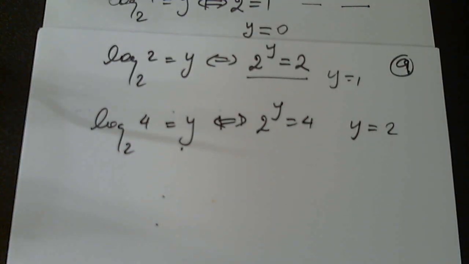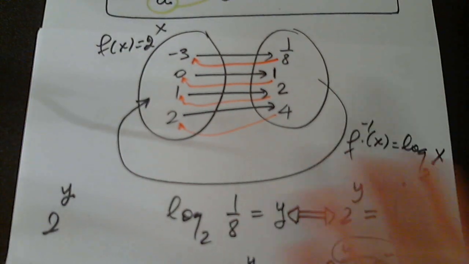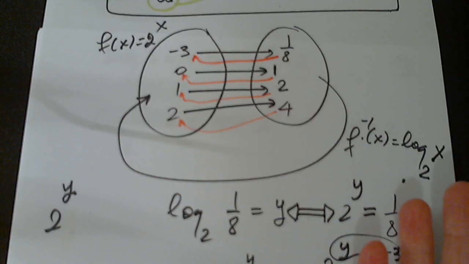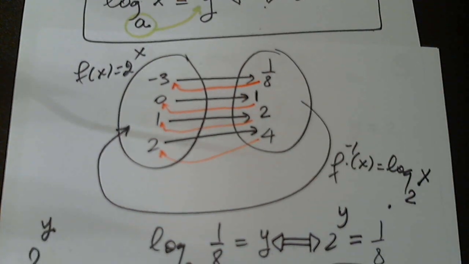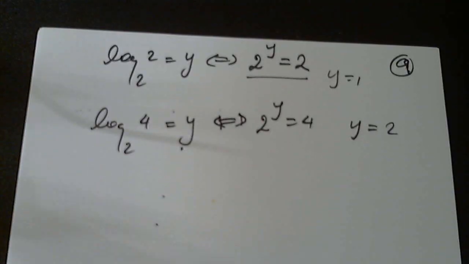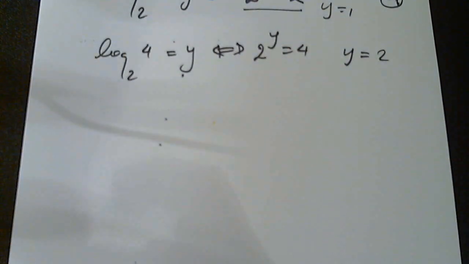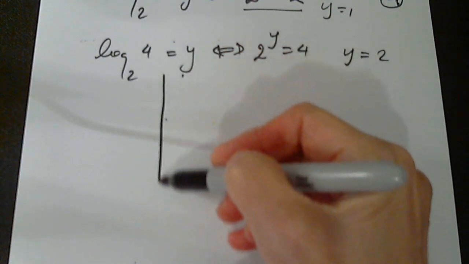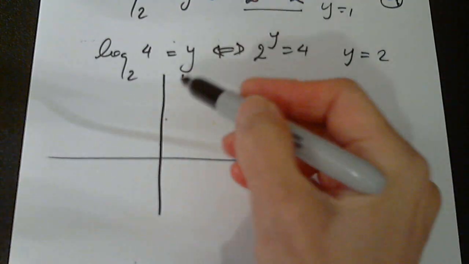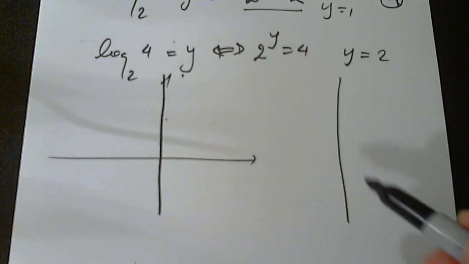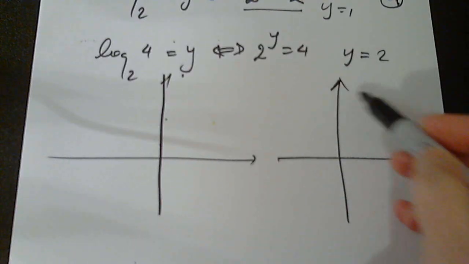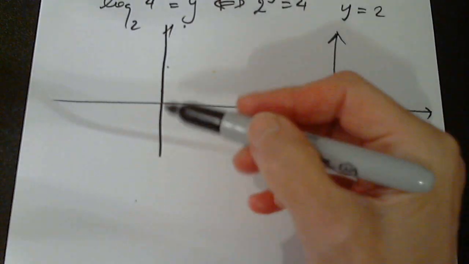You got it. Yes, it looks weird. We've never seen this before. But with patience, we're going to get there. Now, remember the two graphs. There is one graph for log with base greater than 1.